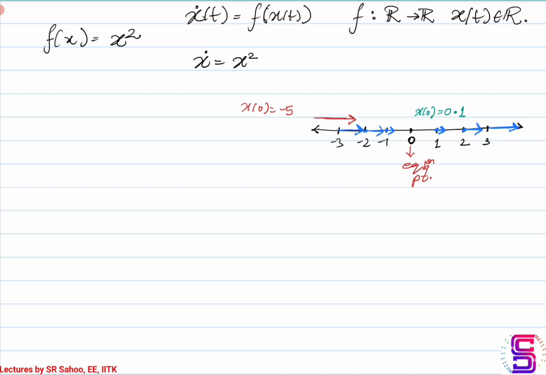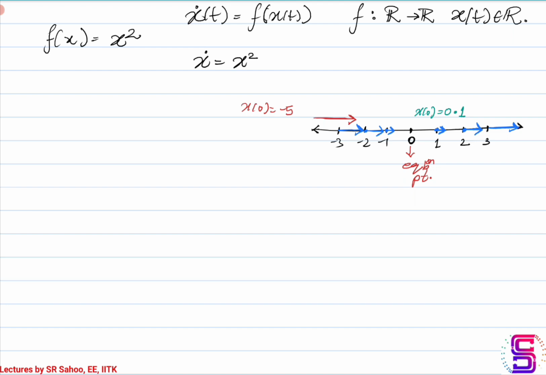It is 0.01. The positive value is less, but it is positive, and the initial condition is also positive. So with x being positive and x dot being positive, it indicates that x will grow.